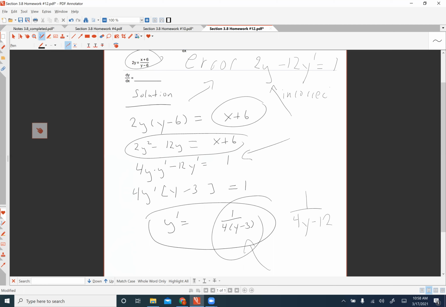We're missing the y'. The 2y should actually have a factor of y'. So just remember, when you have y squared, you have to apply the chain rule. Okay, so if you apply the chain rule correctly and do the algebra correctly, you'll likely get all these problems correct. And I'm going to stop the recording.